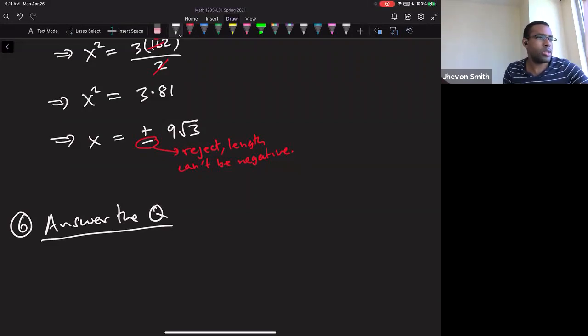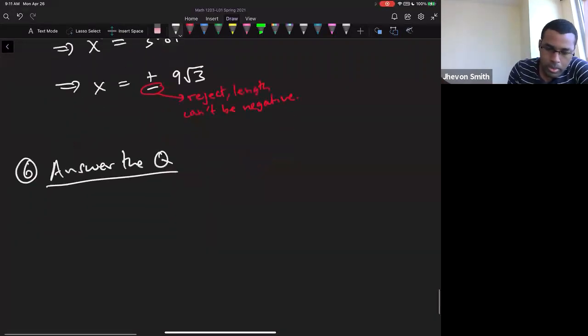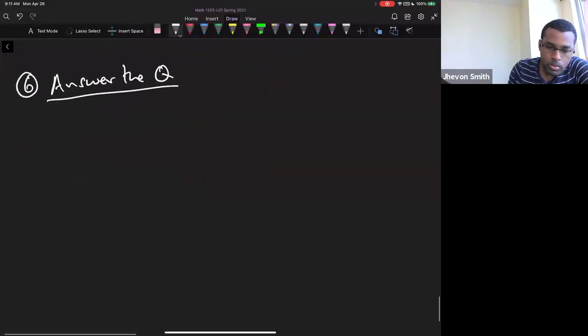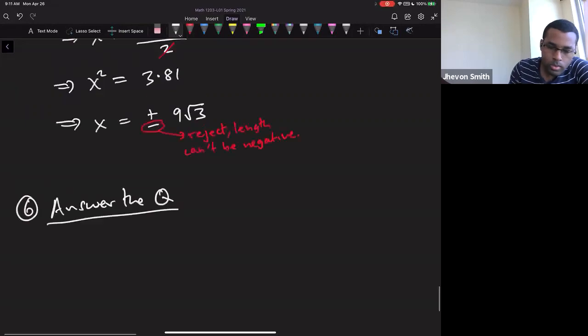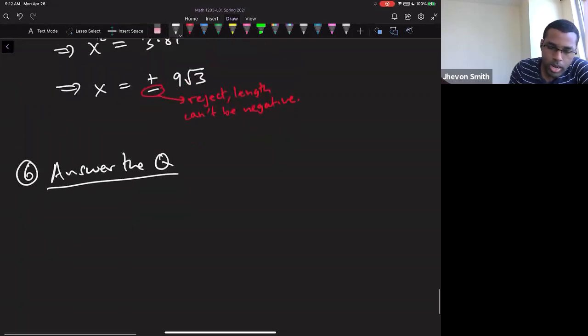Find the dimensions of the corral so that the amount of fencing is minimized. So I want the dimensions. I know my x is 9 rad 3.